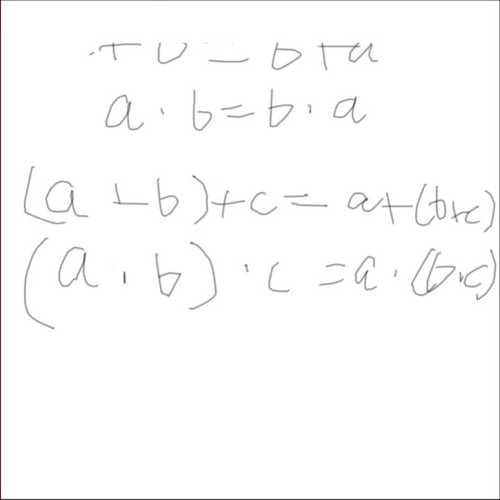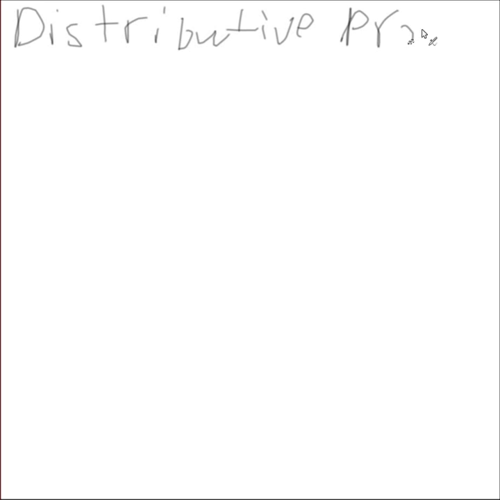Well, multiplication has one more property that addition does not have, and it's called the distributive property. Now this is useful in many ways, comes up a lot in algebra, so it's best to get it down now, so you won't have to worry about it later.